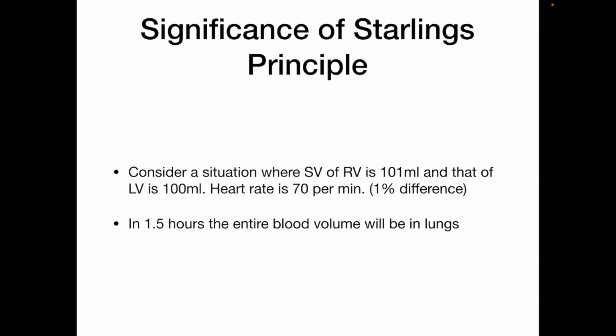So this is the significance of Starling's principle: whatever is coming in has to go out, and there must be a correlation between the right ventricle and the left ventricle. If it is not there, then the blood will start pooling, and even with just a 1 ml difference you will find the entire blood volume in the lungs within 1.5 hours.